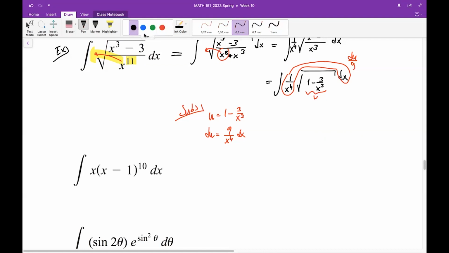So the integral becomes then square root u du over 9. So 1 over 9 can be taken out, integral of square root u du. Okay, this is in fact a power function, right?